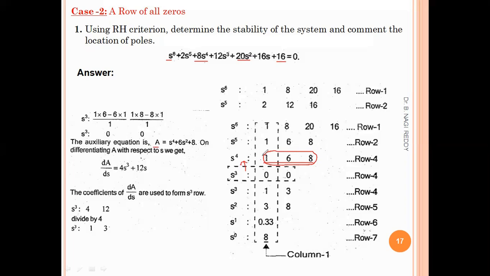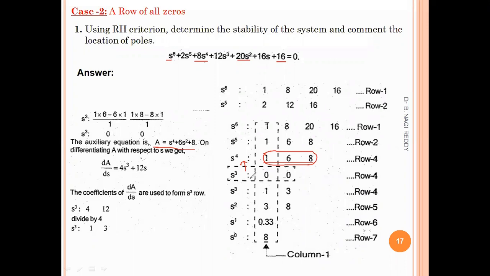So this is the s power 4 coefficient, this is the s square coefficient, this is the s power 0 coefficient. So the auxiliary equation will become A is equal to 1 into s power 4 plus 6 into s square plus 8 into s power 0, or simply 8.